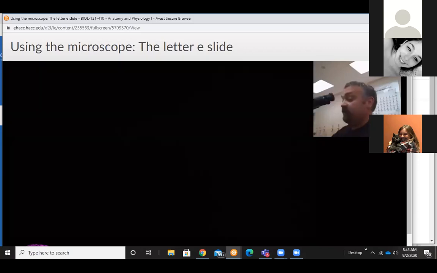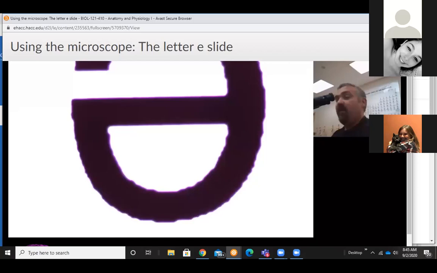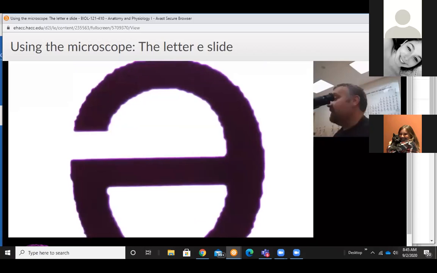As I jump to the low power, you can barely see the entire letter E here. That's because I just jumped from the 4x objective with a total magnification of 40 to the 10x low power objective with a magnification of 100, so my magnification went up 2.5 times. So my field of view is now 2.5 times smaller.